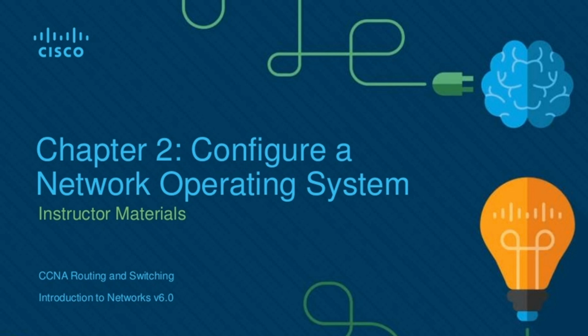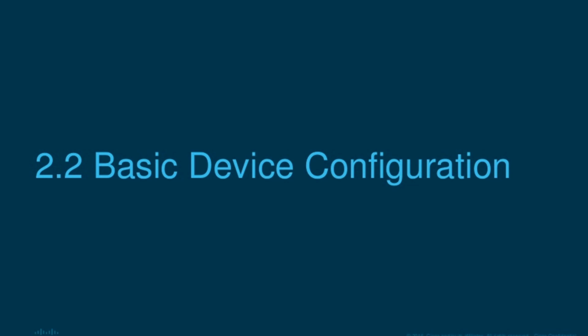So, for the basic configuration of 2.2, there's the device names. In the previous video, there's a picture of the device name.